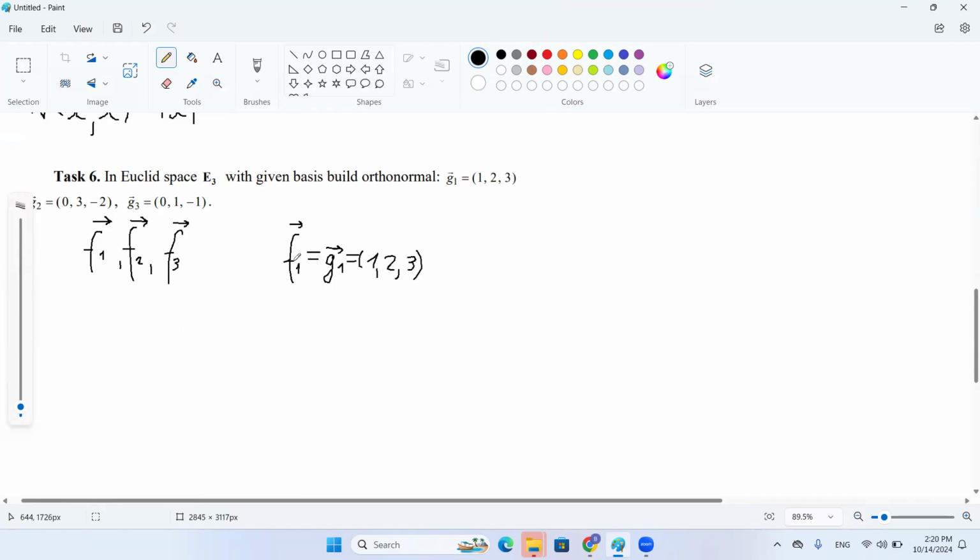Then we will find f2 with this expression. So g2. So we'll solve this task recursively. I guess you already know what recursion means. So we will have to find coefficient alpha 1 multiplied by f1, which we already know.